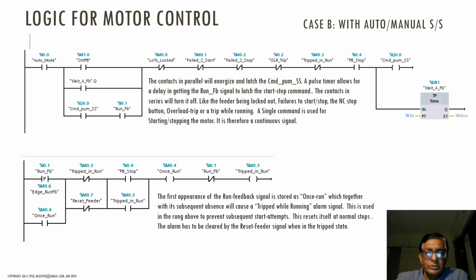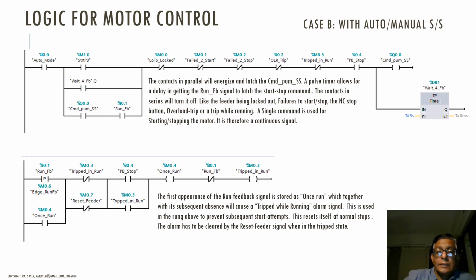People usually use 500 milliseconds, 1 second like that, when there is a directly wired run feedback from the contactor itself. Okay. So any one of these conditions coming, that is the overload relay trips or the stop push button is asserted, will cause this rung to go false, and of course the contactor will be turned off.